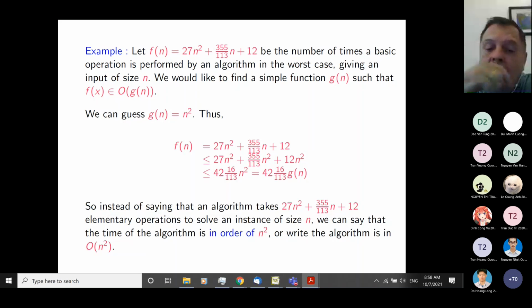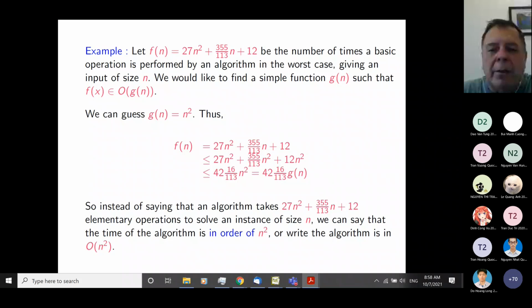One way to prove this is just to find a constant c that is large enough to plug in front of n squared.